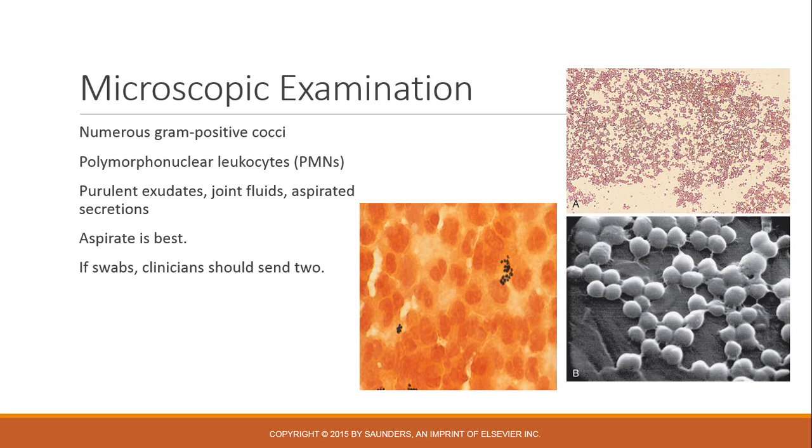We might see proteinaceous debris. Ideally, for these kinds of joint fluids or any kind of fluid, an aspirate is best. Even if it's a wound, an aspirate is best. But usually they'll send a swab. Ideally, you want them to send two, one for the gram stain, one for the media.